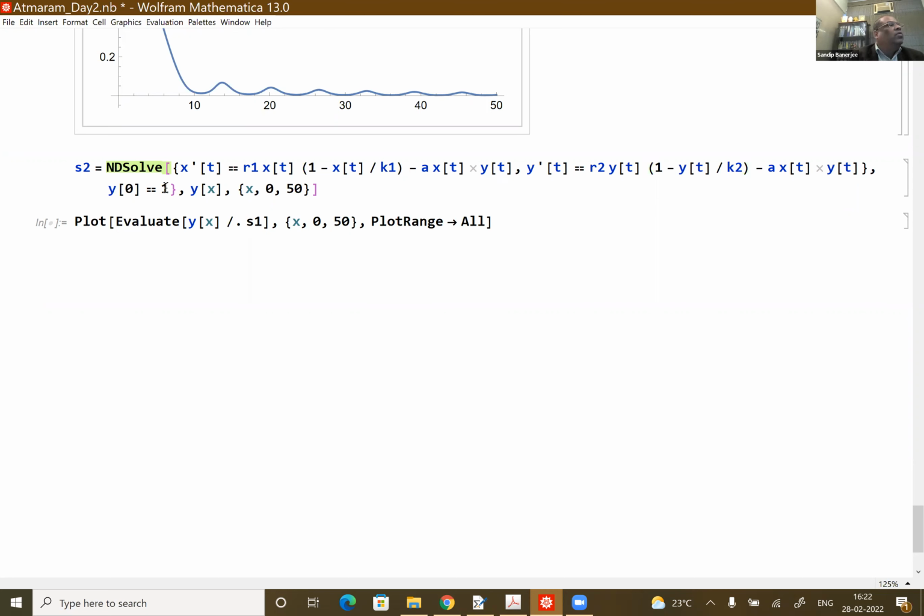So x[0], say this is 60,000, and y[0] equal to say 6,000. Then you have two dependent variables, x comma y, and your t now varies over a certain range, say 0 to 1,000.